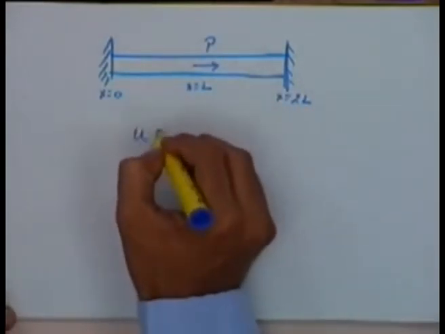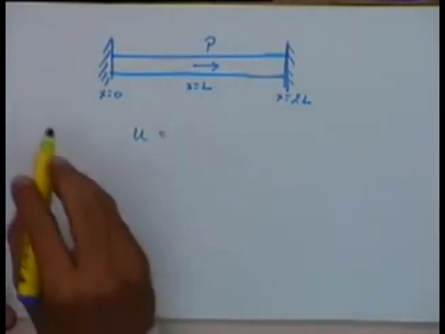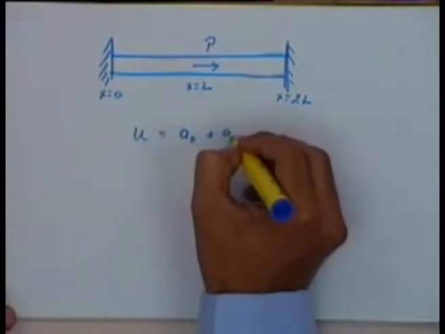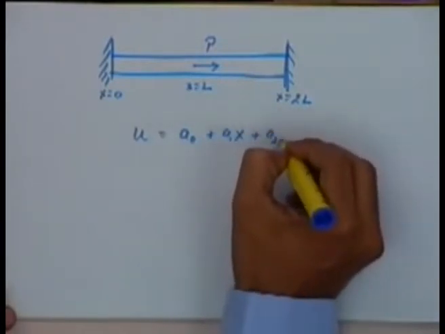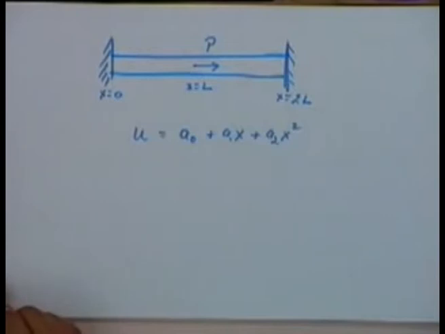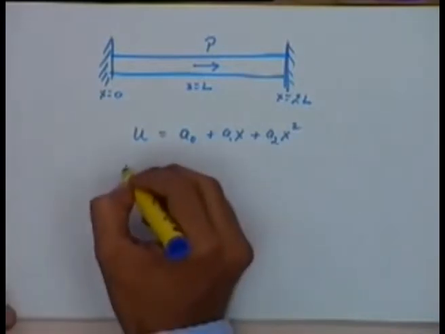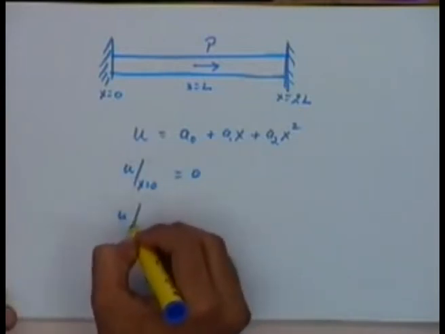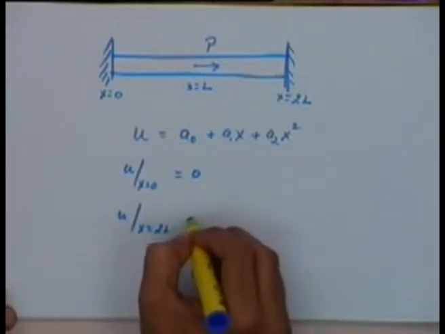Now if we say u, that is deformation in the x direction, again we will assume it to be a0 plus a1 x plus a2 x squared. Again we will say u at x equal to 0 is equal to 0, and u at x equal to 2L will also be equal to 0.